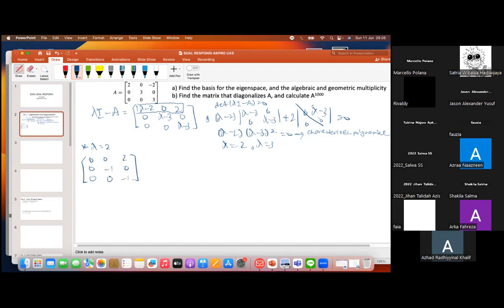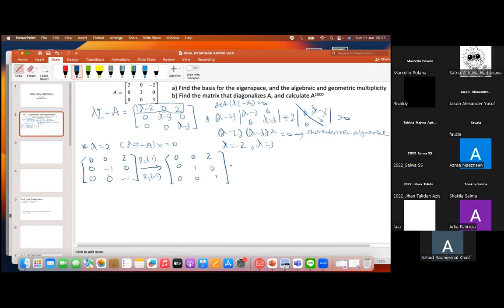The next step is to perform elementary row operations to solve lambda I minus A x equals 0. The easiest thing now is to multiply the second and third rows by minus 1. So this is 0, 0, 2; 0, 1, 0; 0, 0, 1.